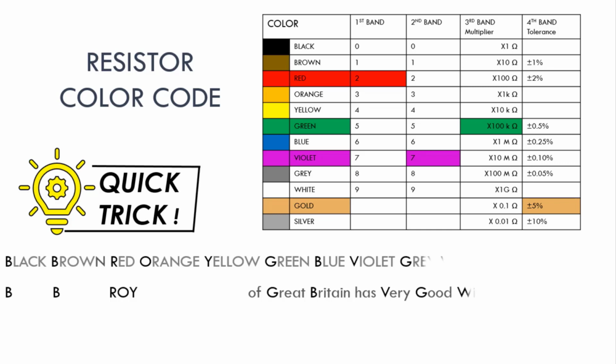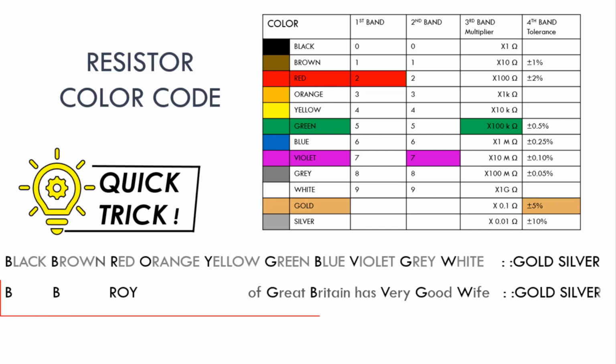So to remember this, we have one trick, which is B.B. Roy of Great Britain has very good wife. First B represents the black color, second B is for the brown color, R-O-Y. R represents red, O represents orange, Y represents yellow.